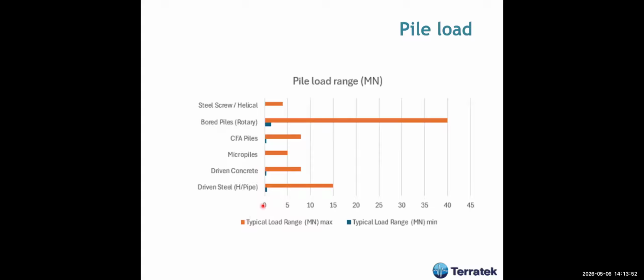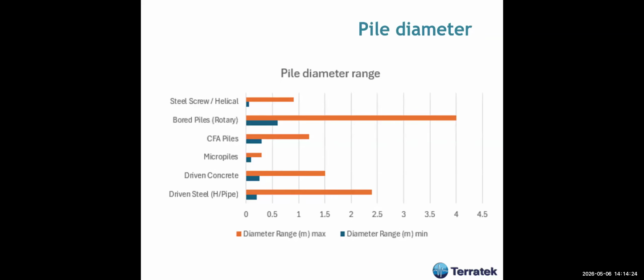Driven steel piles, if you use pipe piles, can be up to 15. Offshore piles are driven, and they can go up to very high loads because they usually go up to 2.1 or 2.2 meters in diameter. And of course, screw piles, which I'm going to talk about later today, take much less load. In terms of diameter, this is more or less what we have.